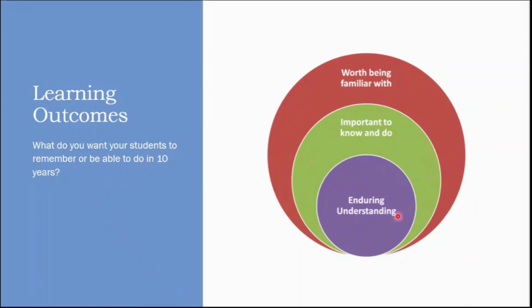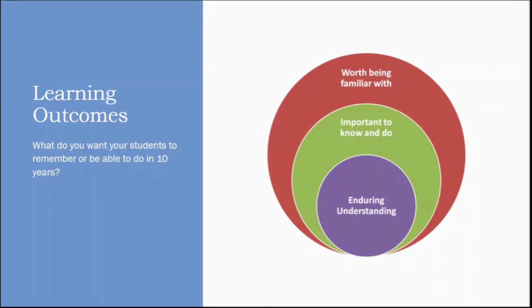So I like this chart for it. There's some things that are worth being familiar with, right? There's other things that are really important to know and do. And there's some things we need a deep and enduring understanding of. And whenever we're creating learning outcomes or figuring out what we want students to learn and do, we need to make sure that we're remembering these categories, that some things we really want to go deep into because they're so important.